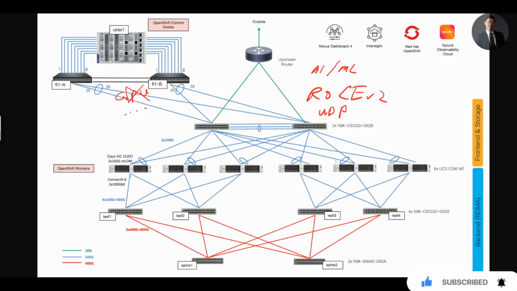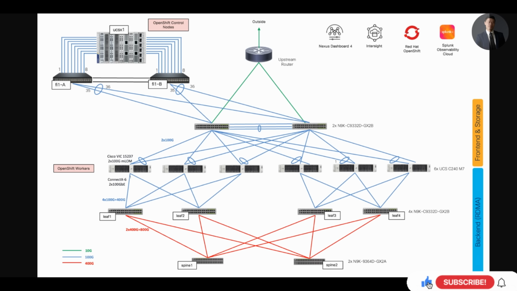It increases the training time and the cost. So the backend network must deliver high throughput and low latency, and robust congestion management that is easy to configure and capable of detecting anomalies proactively.